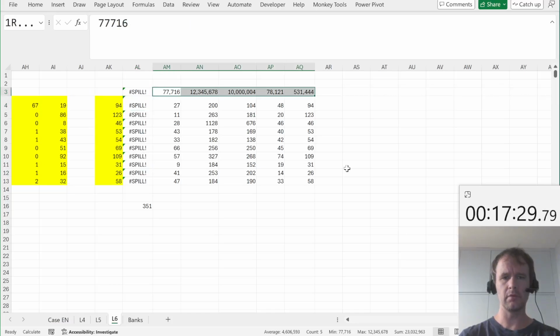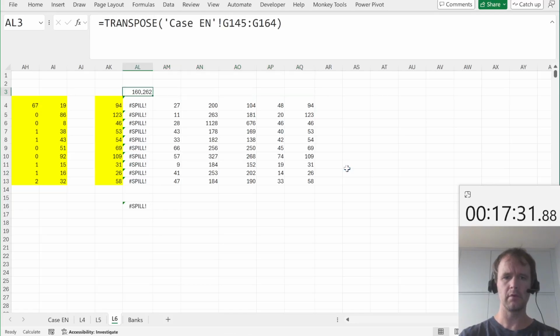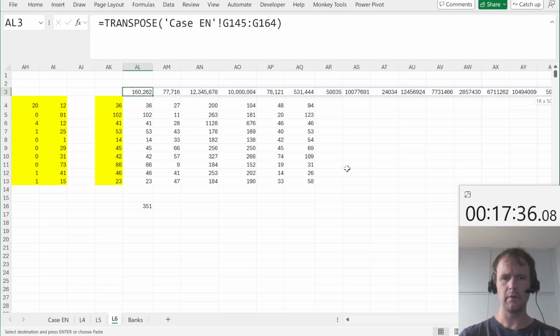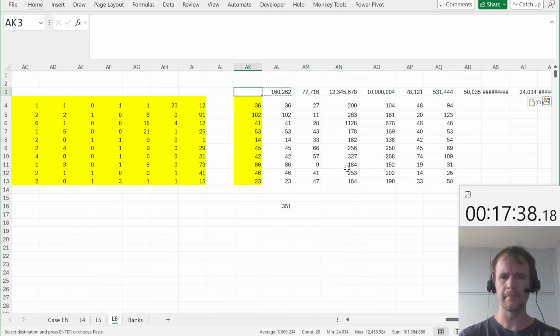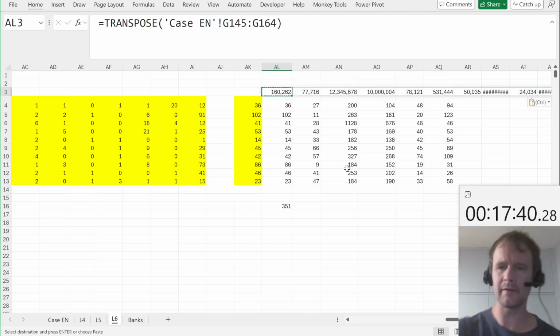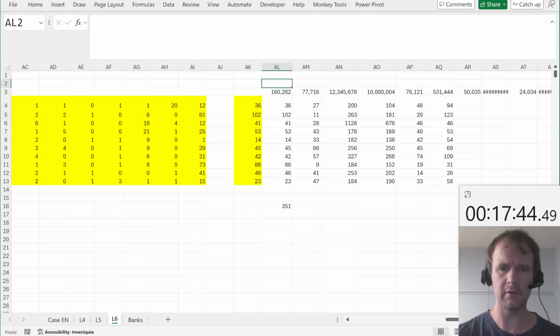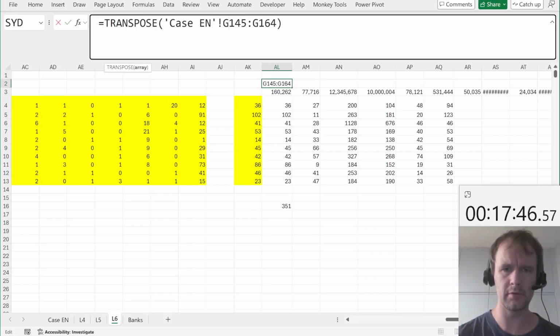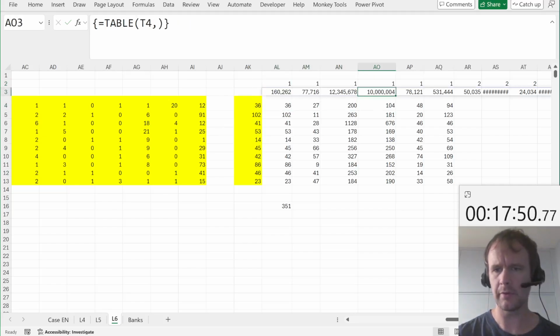But, okay, get rid of those. Then I'm getting there. Not quite there yet, but I'm getting there. That's G, and then I also want to transpose H. Okay, cool.